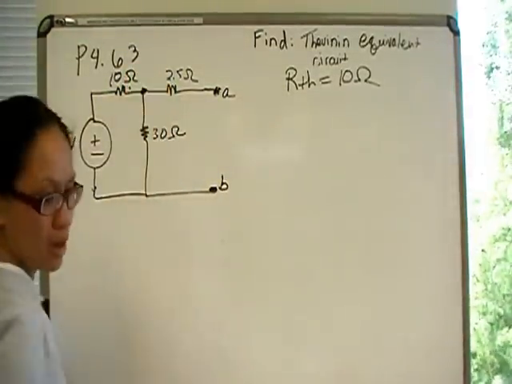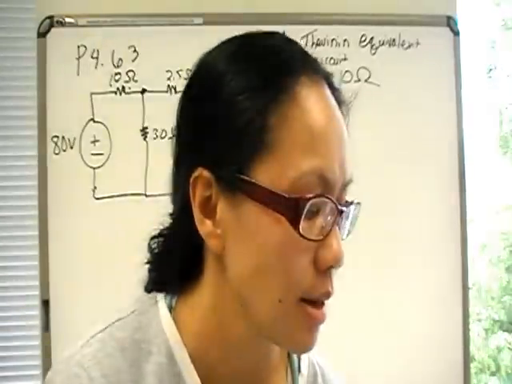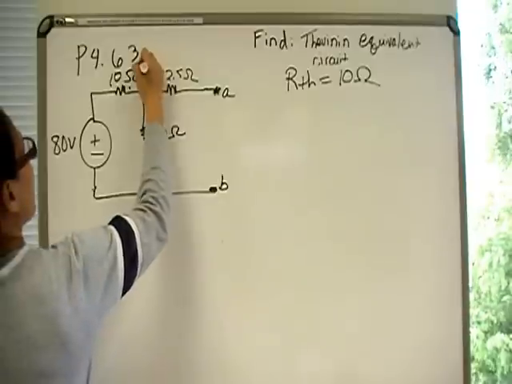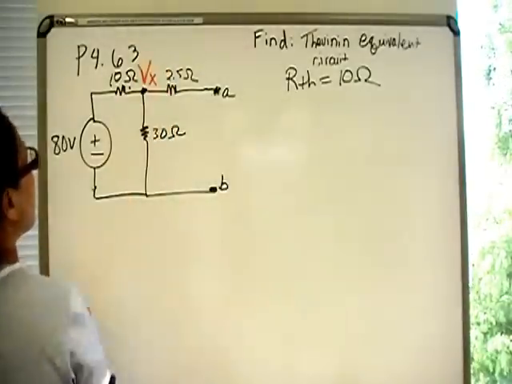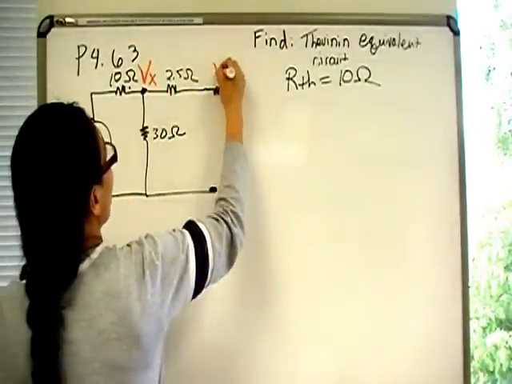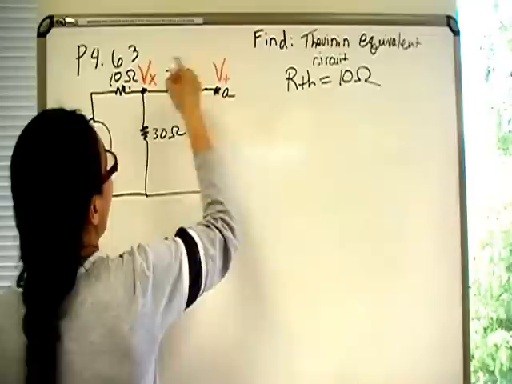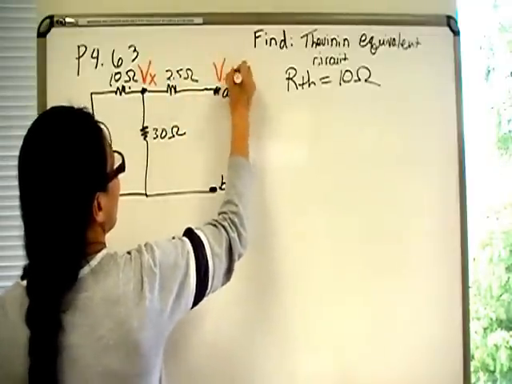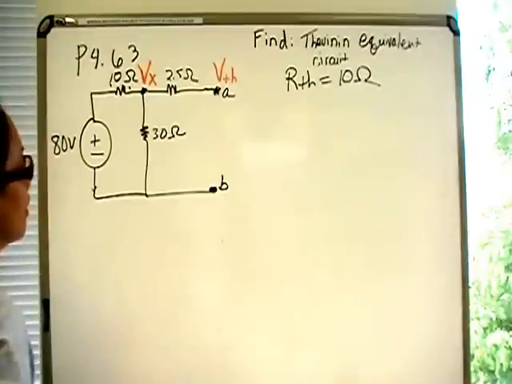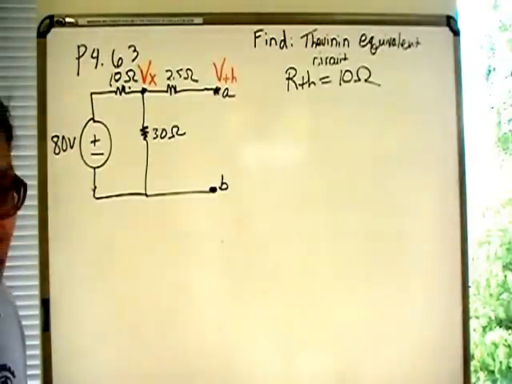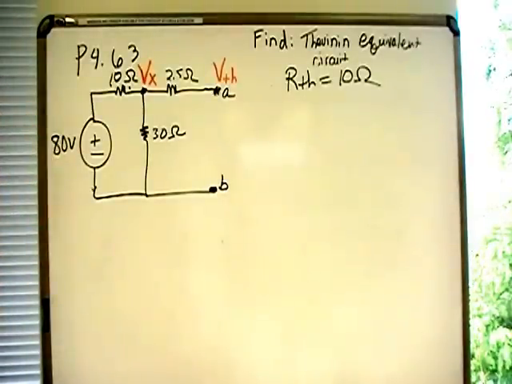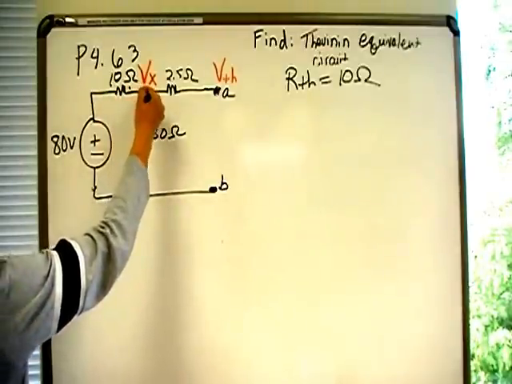This node here, which I'm going to call V sub x, right here. I don't know what that voltage is, but I'm actually interested in this one, V-Thevenin, but I have to find V sub x in order to find this one. This is what the load sees at that point, after a certain amount drops here.